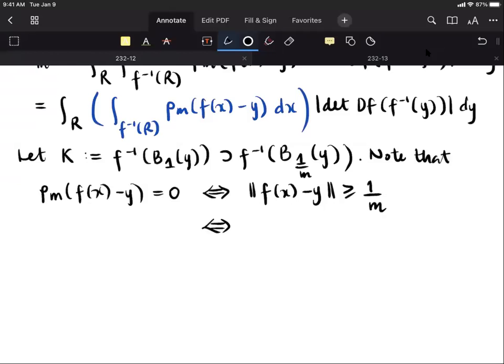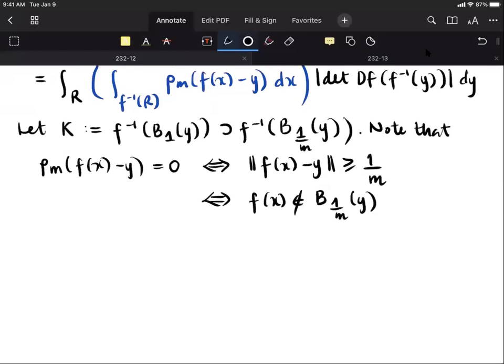That is when f of x is not an element of the ball centered at y with radius 1 over m. Or equivalently, when x is not in f inverse of B_{1/m}(y).